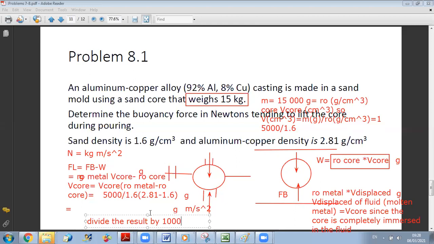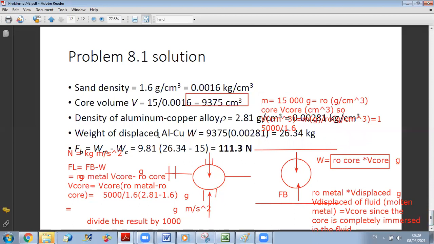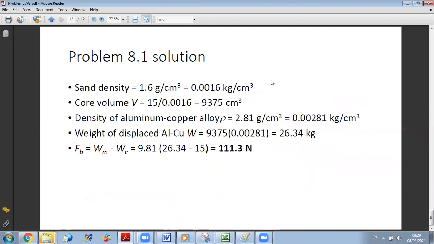Okay, so let us check the calculation together. The first step, for example, they converted the density to kilogram per centimeter cube from the beginning. You can also work with kilogram per centimeter cube from the beginning. Once you do this for the core volume, you can find it.